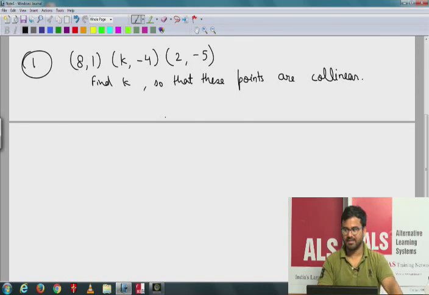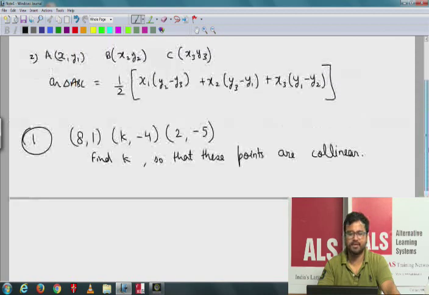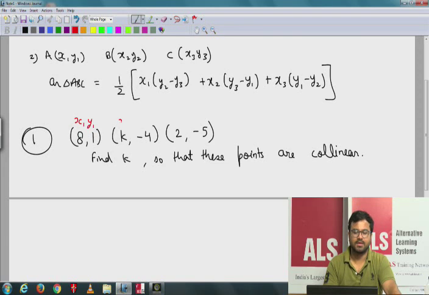Okay, let me tell you how it is done. This is the formula for the area of the triangle, you can see, and you can consider these points as x1, y1, x2, y2, and x3, y3. What you have to do is just substitute these values in this formula.